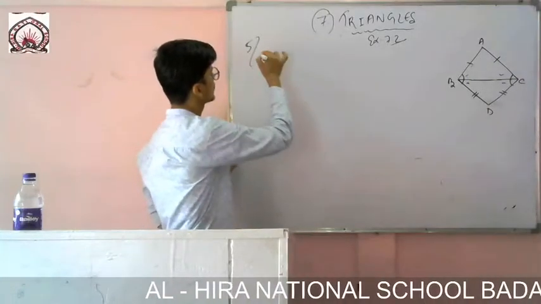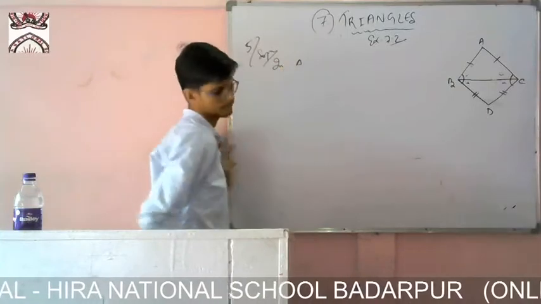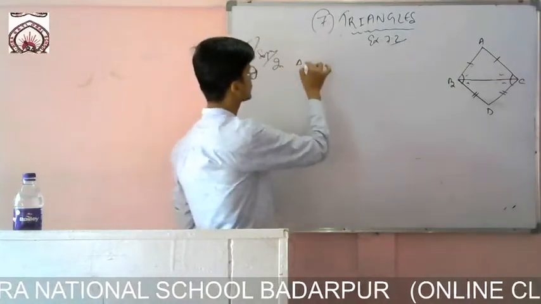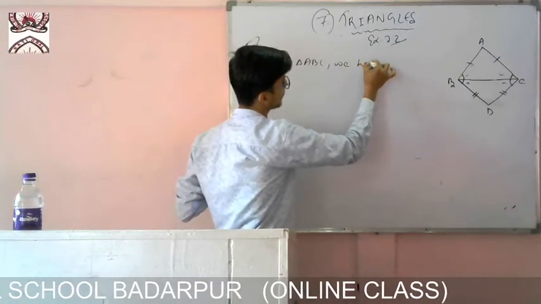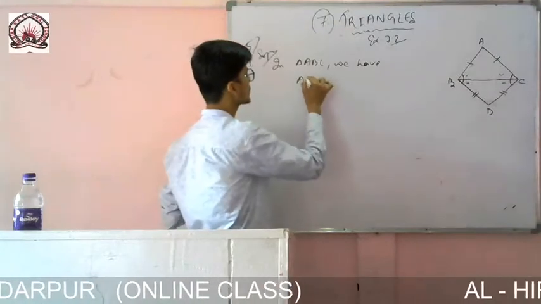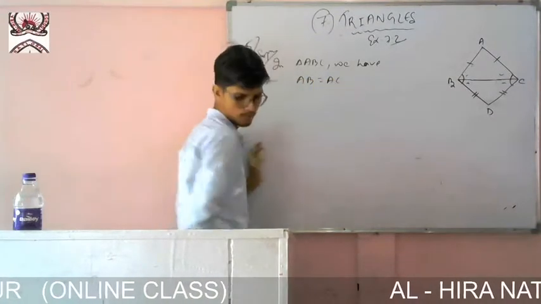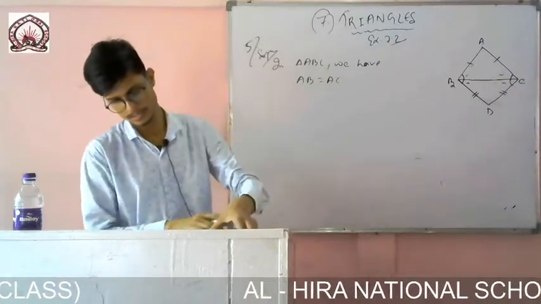So you write solution. In triangle ABC, first of all I am taking the upper one. In triangle ABC, AB is equal to AC, since ABC is an isosceles triangle, given, no?